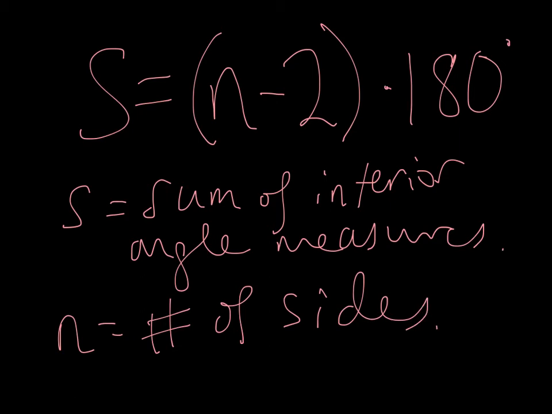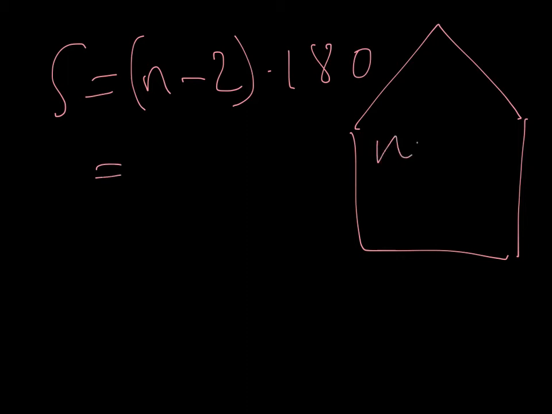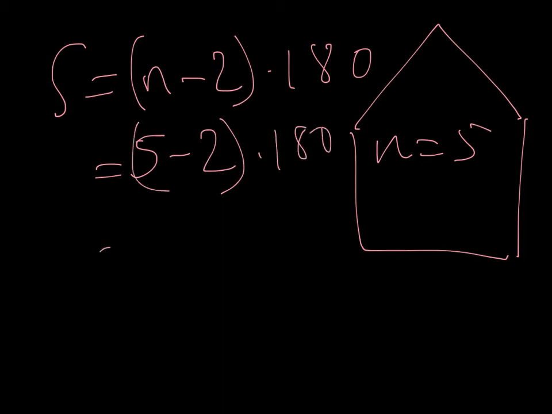Alright, so we're going to use this a lot. So if you look at a shape that has 5 sides and we want to know the sum of the interior angle measures, well, you have S equals n minus 2 times 180, right? So n equals 5. So you plug 5 in. 5 minus 2 times 180 equals 3 times 180.